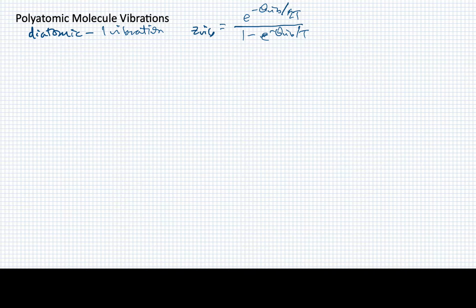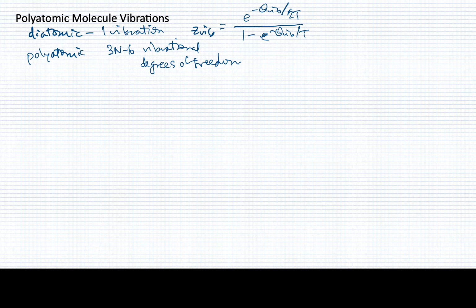What happens when we have a polyatomic? Well, a polyatomic, remember, is going to have 3n minus 6 vibrational degrees of freedom. Or if it happens to be linear, it'll have 3n minus 5, but I'll leave it at 3n minus 6 because that's the more general case. What kinds of vibrations are those?